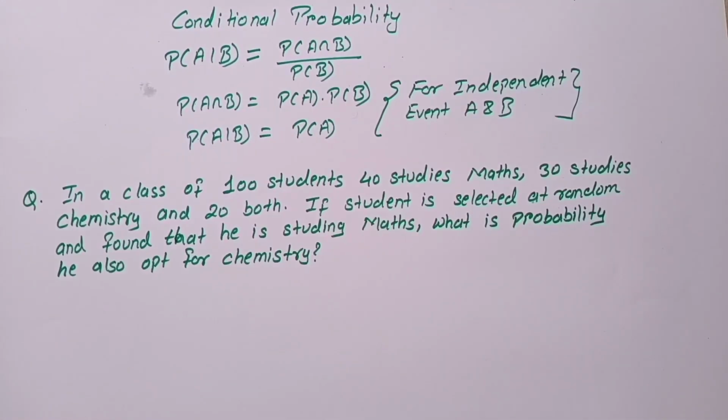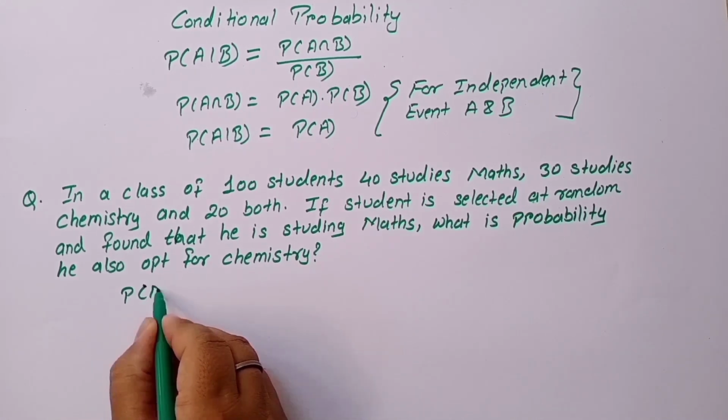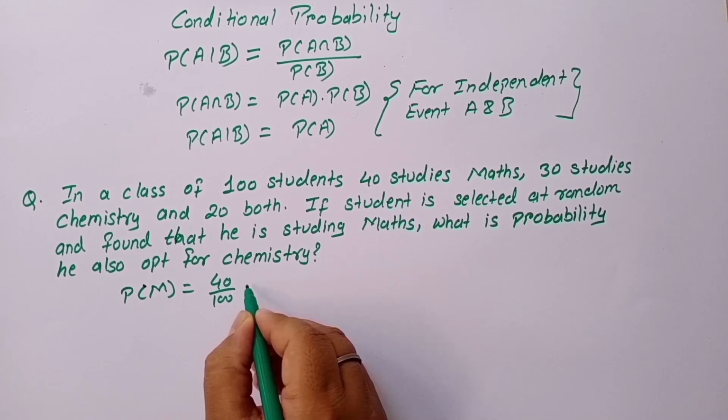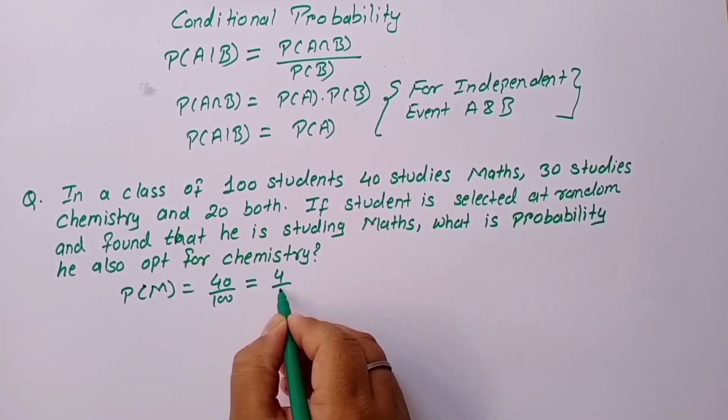So let's solve some questions. Our first question is: in a class of 100 students, 40 study maths, 30 study chemistry and 20 study both. If a student is selected at random and found to be studying maths, what is the probability that he is also studying chemistry? The probability that a student is studying maths is 40 by 100, that is 4 by 10.